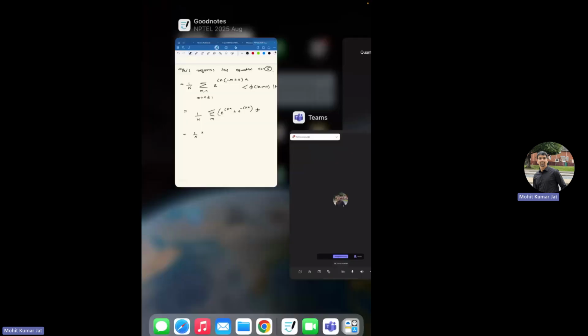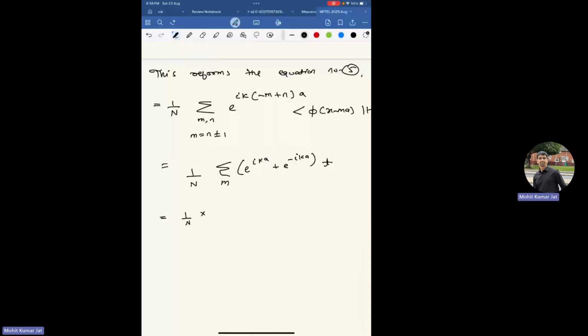If you do the summation, it will be over N, and then you have 2t cos ka, right? This essentially boils down to 2t cos ka. This is the answer of the second term.